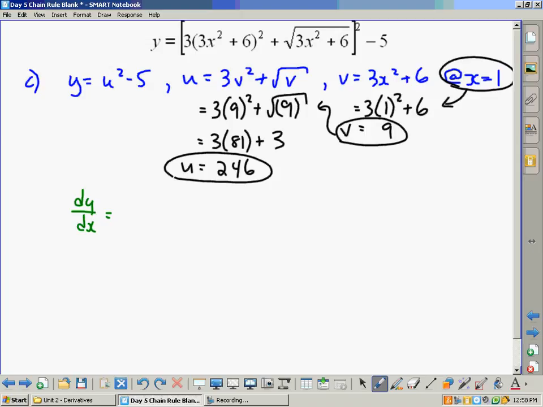We first are going to look at dy by du, and then u itself is a function of v, so du by dv. And the last one is dv by dx, since v is finally a function of x.